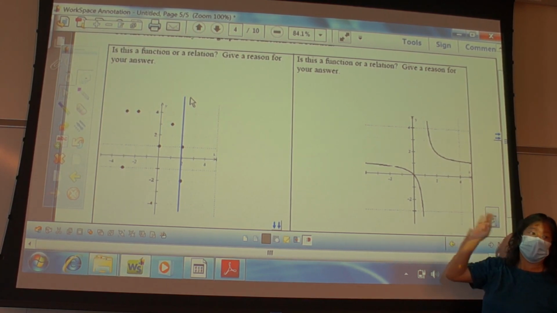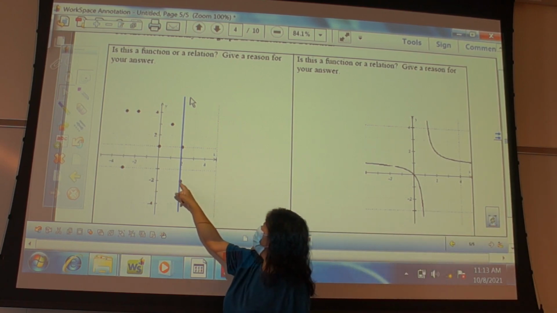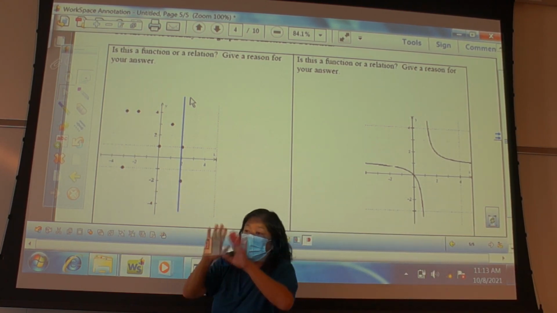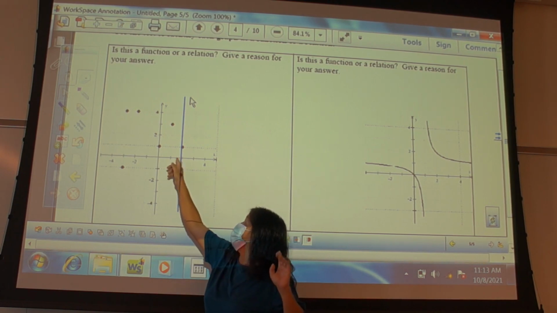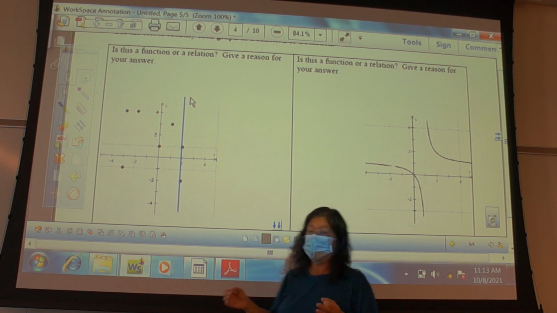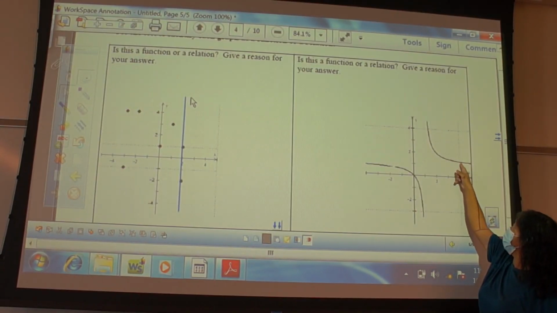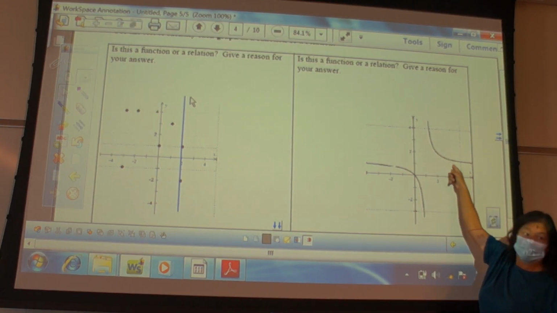So it's not the same. Here it's just 2 and 1. Not 1.5, not 1.2, not everything between 1 and 2. Do you guys see the difference? Here it's everything along here as well, everything between 2 and 3.